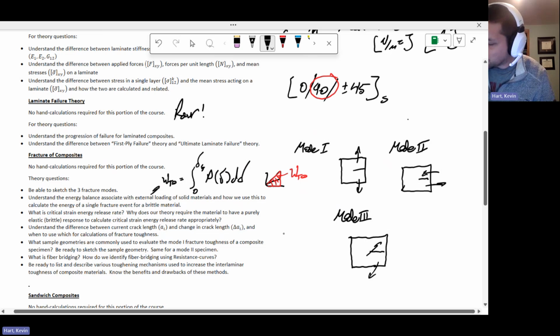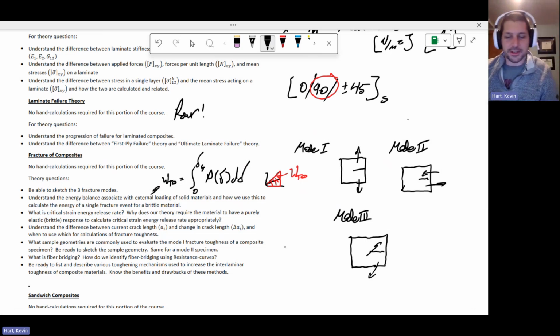And we said, all right, when you're putting work into a structure, that work has to go somewhere. It can go into a variety of different things. It can go into elastic strain energy, plastic strain energy, the creation of free surfaces, which is fracture, heat, viscous dissipation mechanisms, sound. There's a lot of places that it can go.